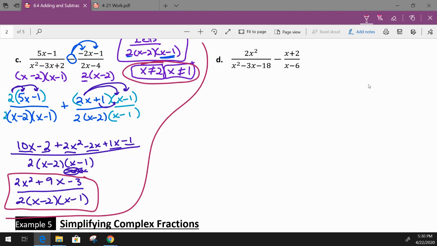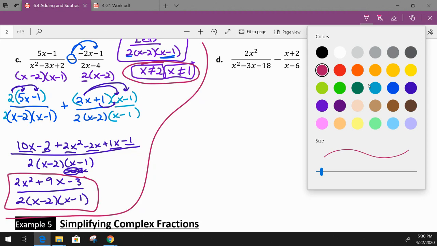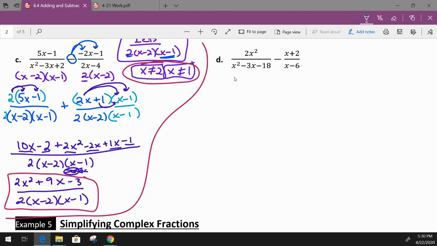All right, one more example. Okay, so again, you want to factor this denominator. It's going to factor into x minus 6 and x plus 3. The second denominator already has the x minus 6.